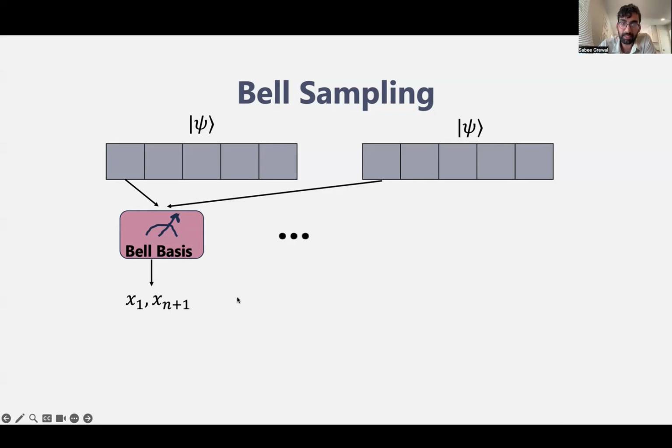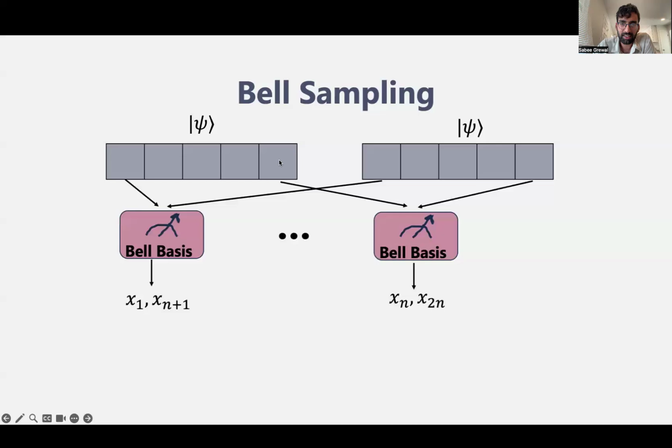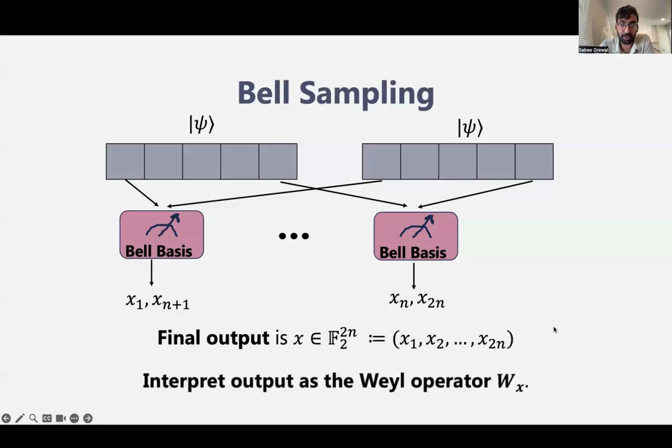We pair off the second qubits in the same way, the third qubits, and so on. We do this for all n qubits, and the final output is then the string x of all of our measurement outcomes concatenated together in this order. And we interpret the output of this measurement as a Weyl operator.